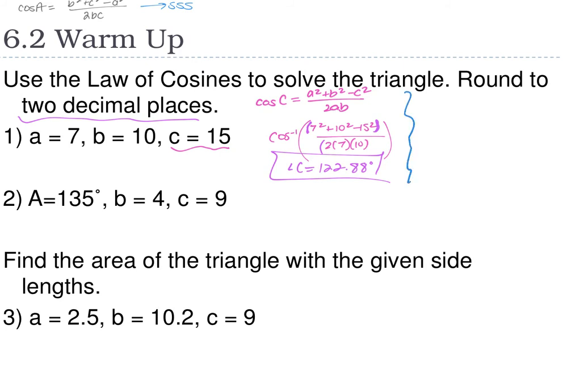Then if I am sticking with law of cosines, the order doesn't matter, but I'm going to just go to the next one. So I'm going to say A. Cosine of A equals, and we do b squared plus c squared minus a squared over 2bc. So 10 squared plus 15 squared minus 7 squared over 2 times 10 times 15. And I'm going to cosine negative 1 that whole thing. Again, making sure I put those parentheses in.